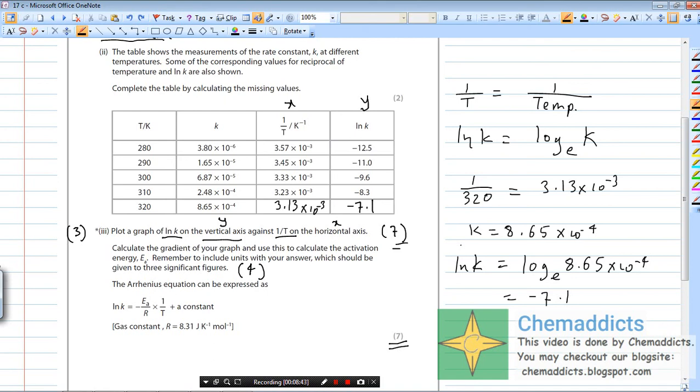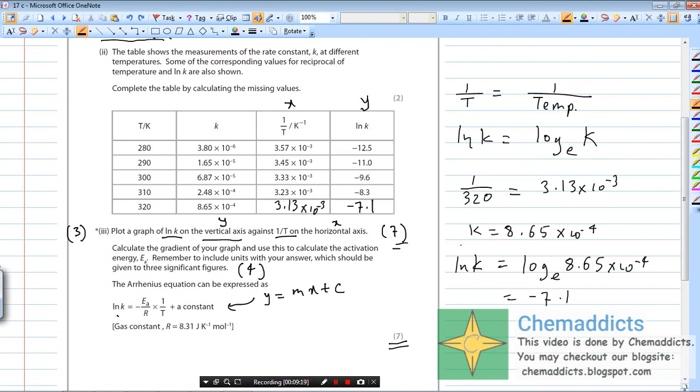Now let us research this Arrhenius equation given. Why should ln k be on the y-axis and why should 1 by t be on the horizontal axis? Let us justify this by this equation. Since the Arrhenius equation is identical to the straight line equation, let us compare it with y equals mx plus c.